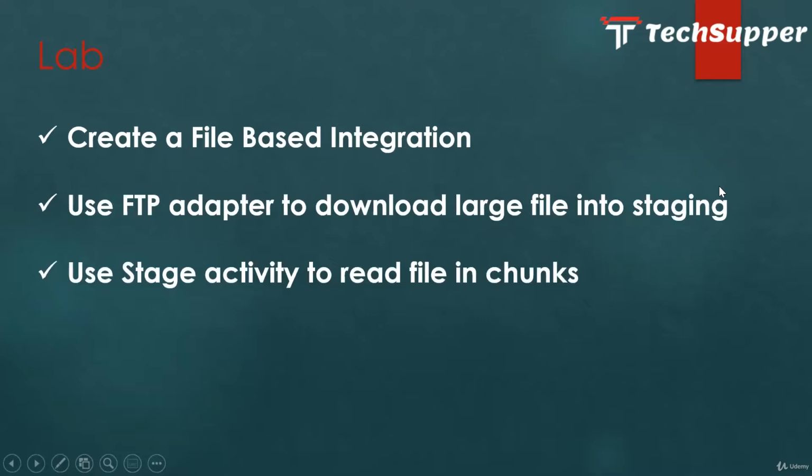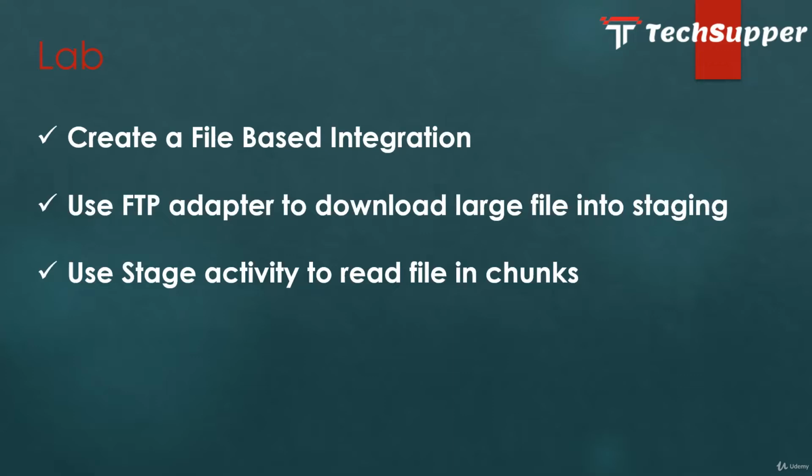Then once you download a file and you want to read it from the staging location, you have to use the stage file activity, which will allow you to read the file. The stage file activity has different options: one is to read the entire file, and another is to read the file in chunks.